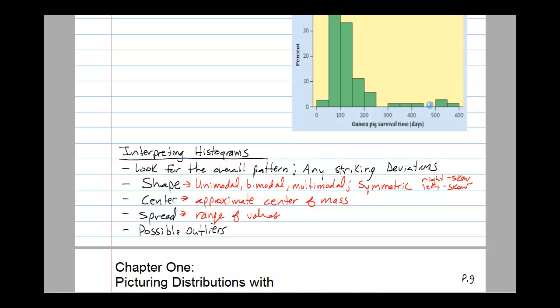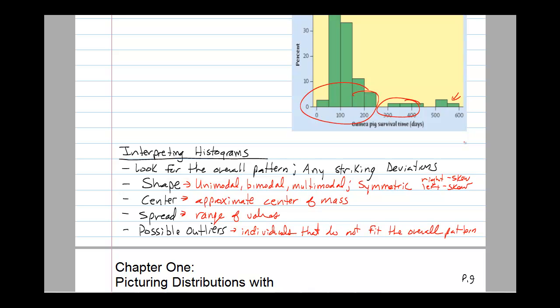Now for outliers, basically outliers are individual values that do not fit the overall pattern. In this example, the bulk of the data is here. This doesn't seem too extreme, but these points right out here do seem like they do not fit the overall pattern at all.